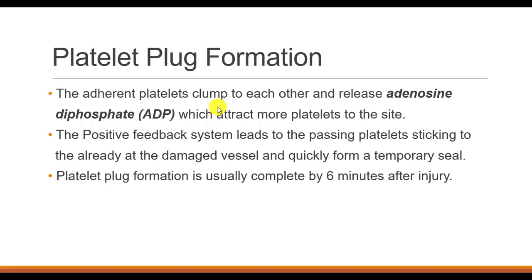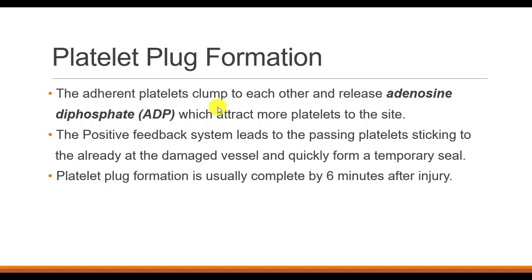This is like a positive feedback, because one platelet is attracting another, and this keeps mounting, eventually forming a feedback system in which one thing leads to the next. In this way they form a whole process which attracts the passing platelets to the damaged part of the blood vessel, and eventually they form a temporary seal.